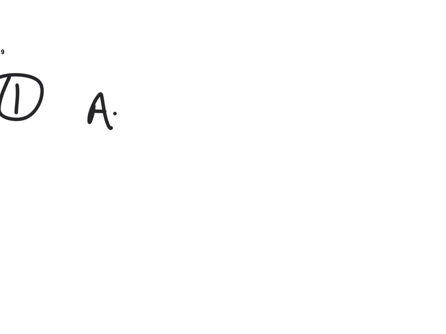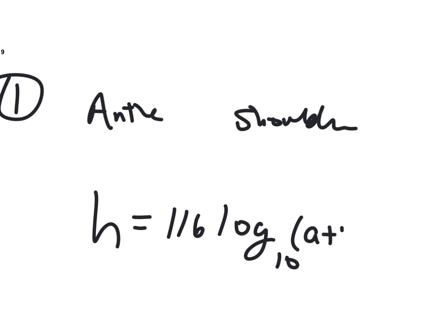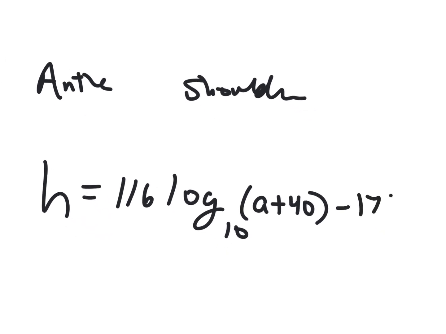Antler spread in inches and shoulder height H in inches of an adult male elk are related approximately by the function H equals 116 log base 10 of parentheses A plus 40 close parentheses, and then minus 176. And part A is asking for the shoulder height of an elk with a 60-inch antler spread.